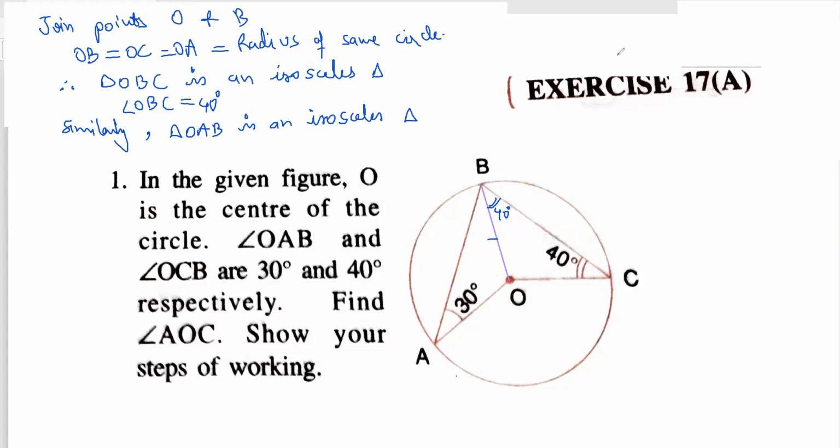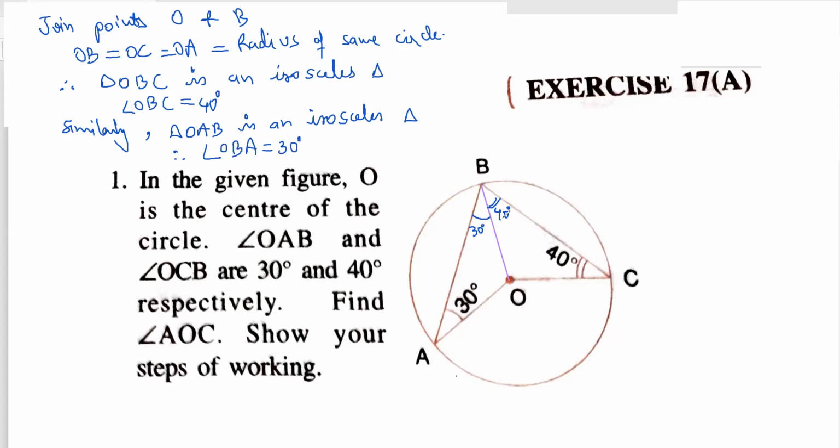So what will happen now? The angles opposite to equal sides are equal. So this angle OAB being 30, this angle will also be equal to 30. Therefore, I will write angle OBA is equal to 30 degrees.